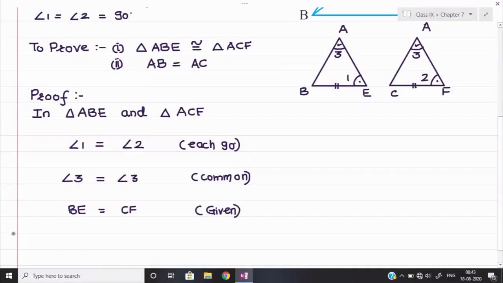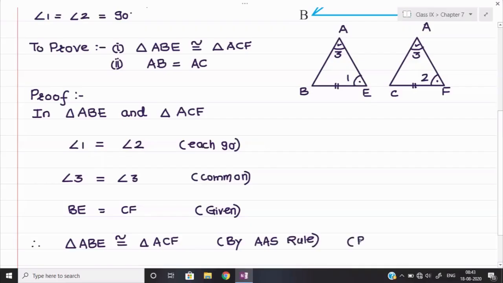Therefore we can say that triangle ABE is congruent to triangle ACF. Now these two triangles are congruent with the help of the angle side rule, the same congruency theorem we applied last time is applicable here.